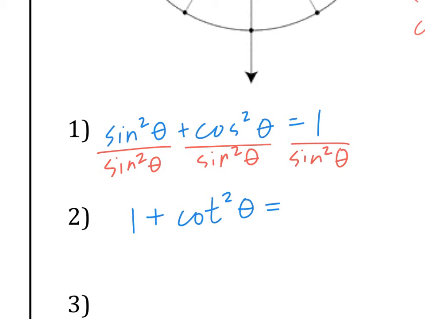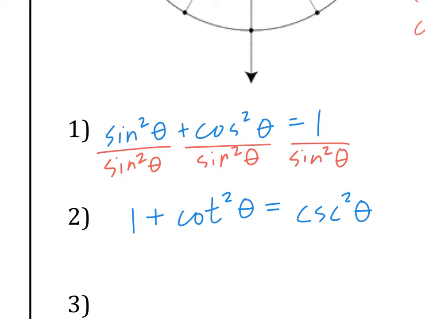All right, 1 over sine squared. Let's take out the square. 1 over sine is what? Cosecant. So then 1 over sine squared is cosecant squared.